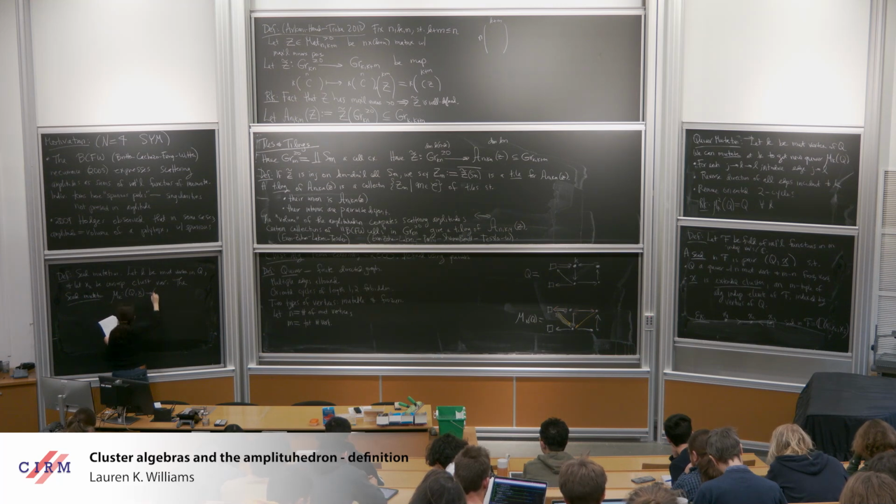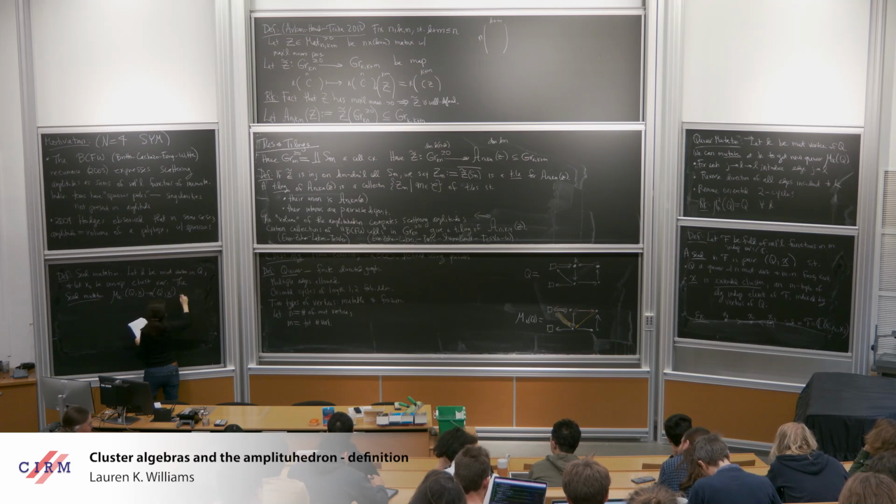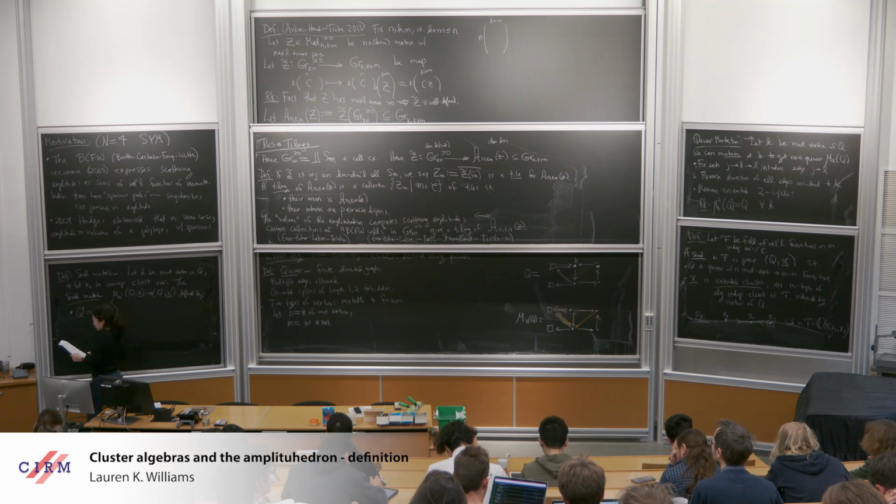uk, from (Q, x bar) to (Q prime, x bar prime), is defined as follows. Our new quiver is what you get when you mutate the old quiver at vertex k.